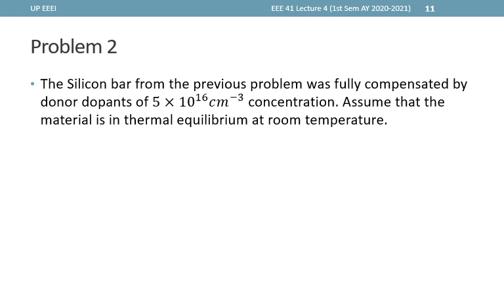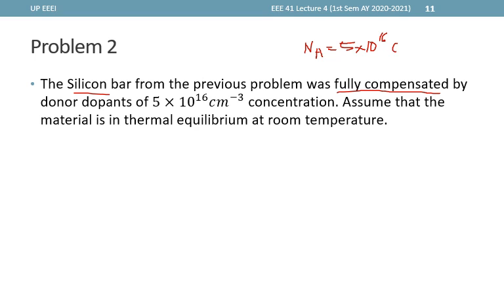For the second problem, we have a silicon bar, which is from the previous problem, so we will use the same dimensions. But now it is fully compensated by adding donor dopants of 5 times 10 raised to the 16. So note that previously we have Na is equal to 5 times 10 raised to the 16.